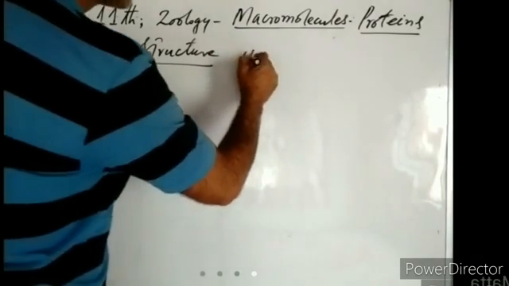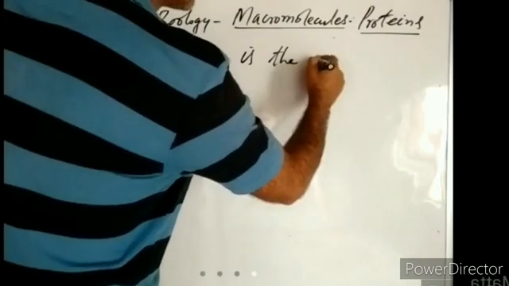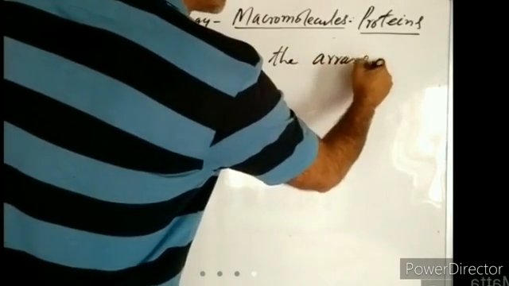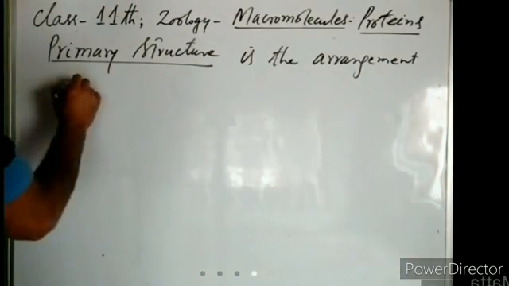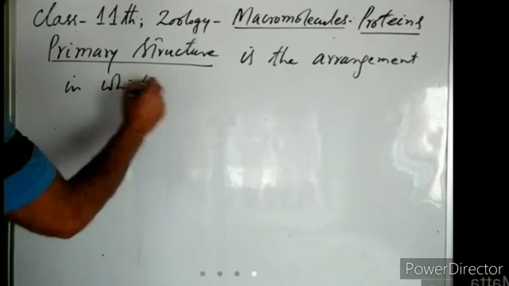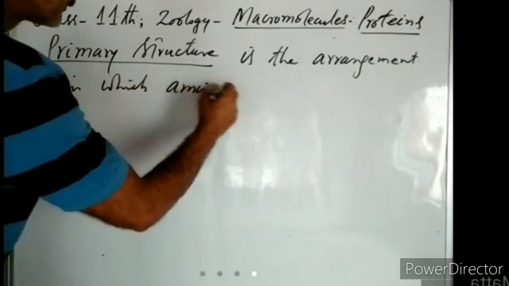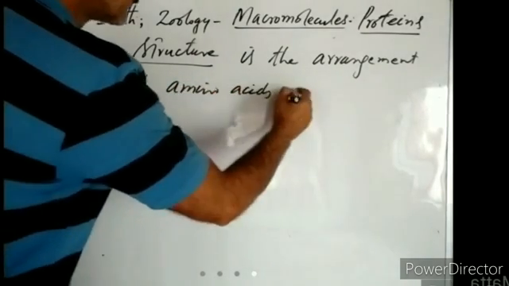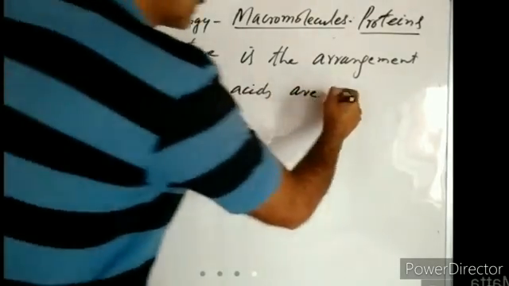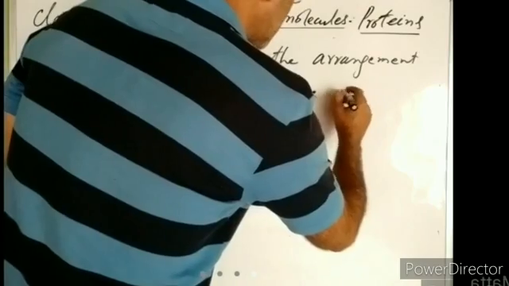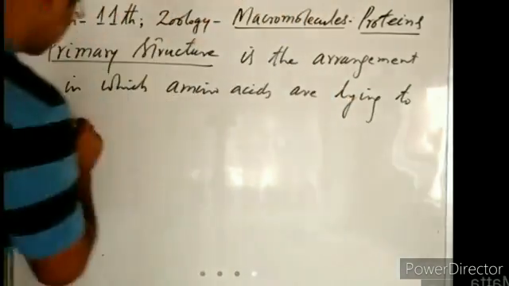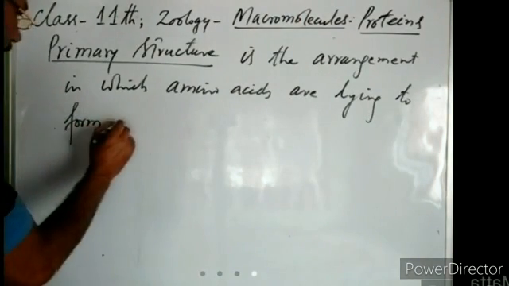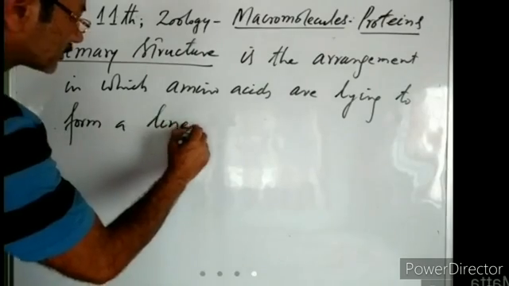Primary structure is the arrangement in which amino acids are lying to form a linear polypeptide chain.